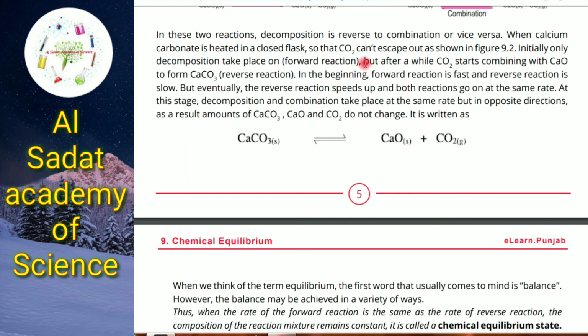In the beginning, the forward reaction is fast and the reverse reaction is negligible or slow. But eventually the reverse reaction speeds up and both reactions go at the same rate. At this stage, decomposition and combination take place at the same rate but in opposite directions. As a result, the amounts of calcium carbonate, calcium oxide and carbon dioxide do not change. It is written as CaCO3 reversibly goes to form CaO and CO2.